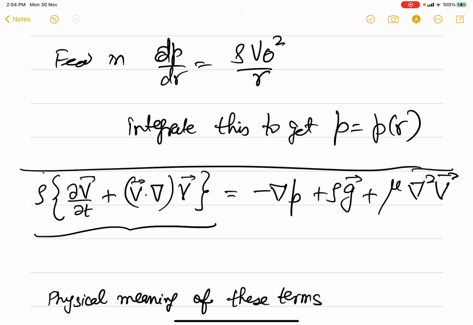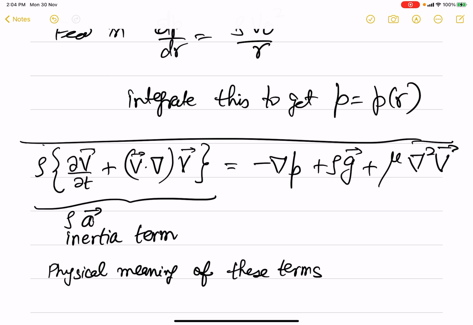The left hand side gives us rho times acceleration, and this is also called the inertia term of the Navier-Stokes equation.